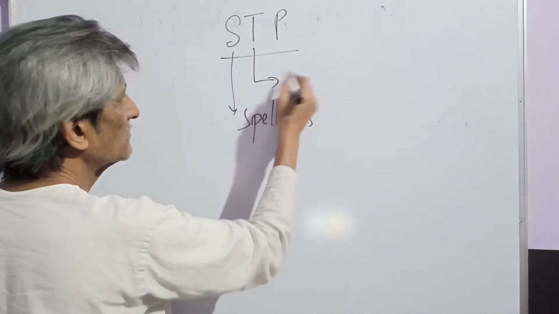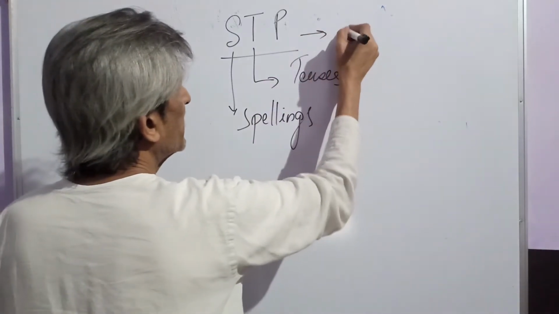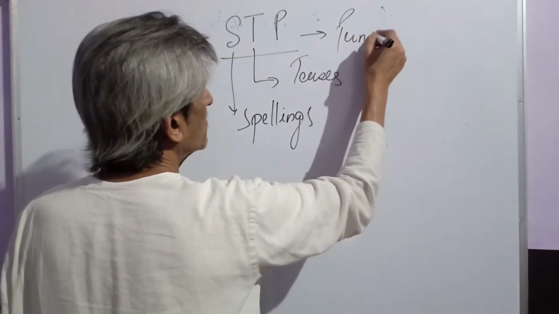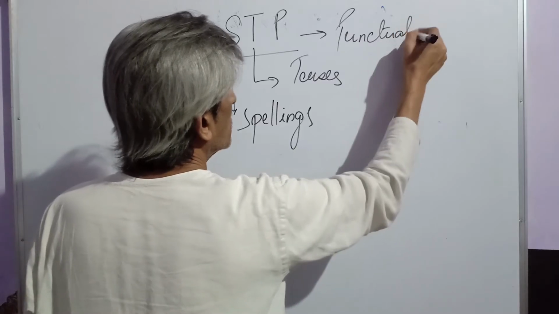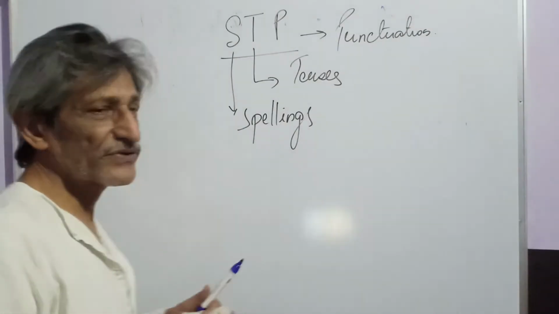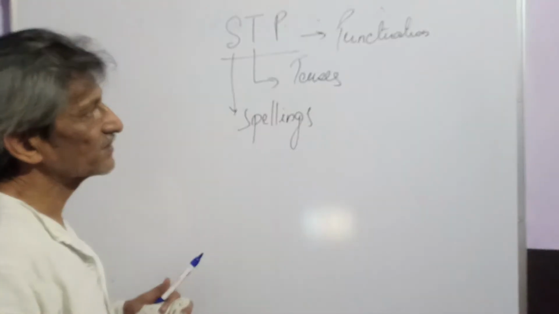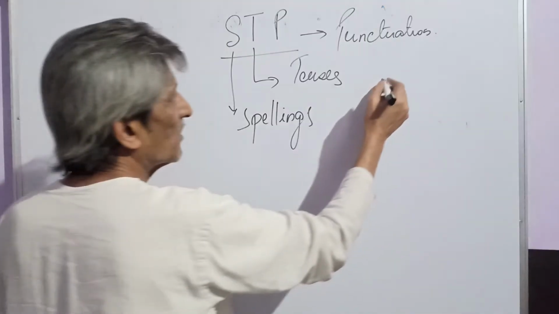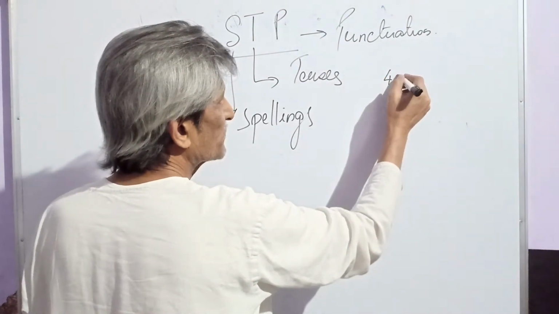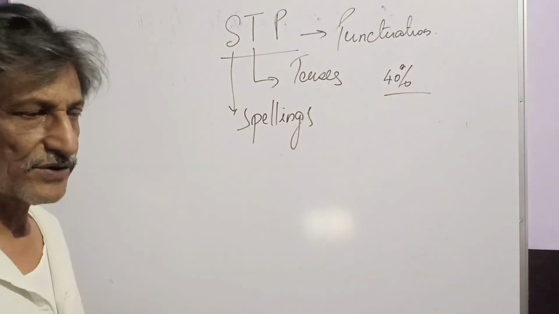spellings, tenses, and punctuation. In any question in writing, these marks, or rather the STP, amounts to about 40% of your all marks. 40%.